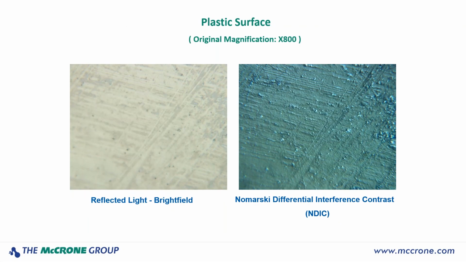So let's go back to the plastic surfaces again. This is not paint, this is just a plastic surface. Let's look at the technique known as Nomarski differential interference contrast, or NDIC as the acronym is used.